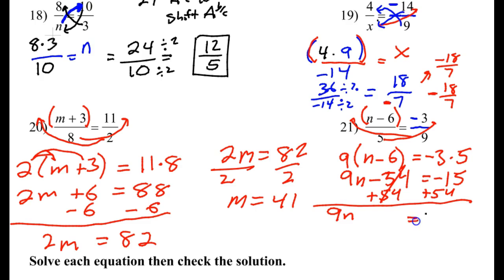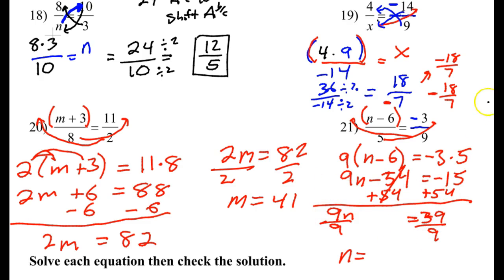Times what is 39. There we go. So 39 divided by 9.